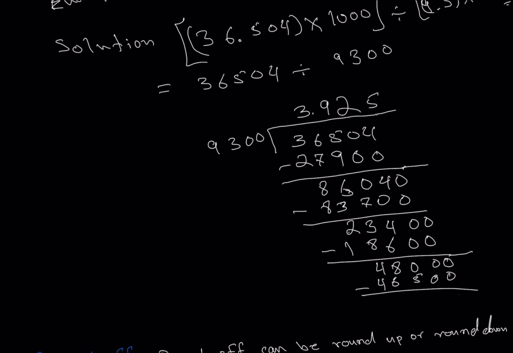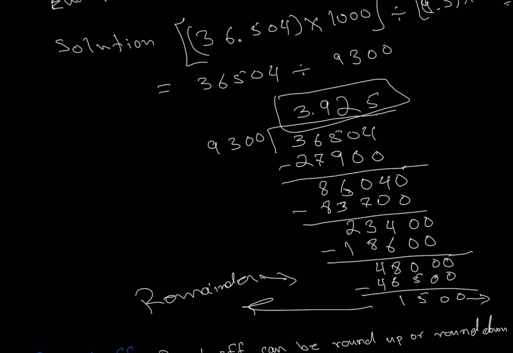This will keep going on, so I'll stop right here. 0 minus 0 is 0, 0 minus 0 is 0, and 0 minus 5 doesn't exist, but 10 minus 5 is 5. This was 8, but we borrowed 1. 7 minus 6 is 1. So 1,500. I'll call that a remainder. Remember, it's not really a remainder, but we can keep going until we find the answer. For now, that answer will be 3.925.